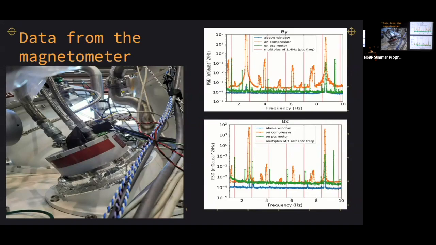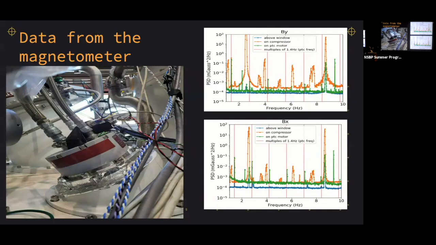From that plot, we have the frequency that the magnetometer picked up when he placed it on the motor and on the compressor above the window. We also plotted what we got for the 1.4 hertz frequency to compare and contrast.